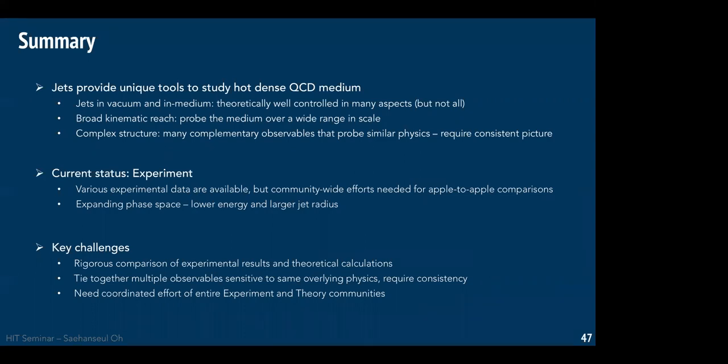So rigorous comparison of experimental results and theoretical calculations is definitely needed. And we have to tie together multiple observables sensitive to the same underlying physics, and we require consistency. So in order to solve these two challenges, we need a coordinated effort of the entire experiment and theory communities.